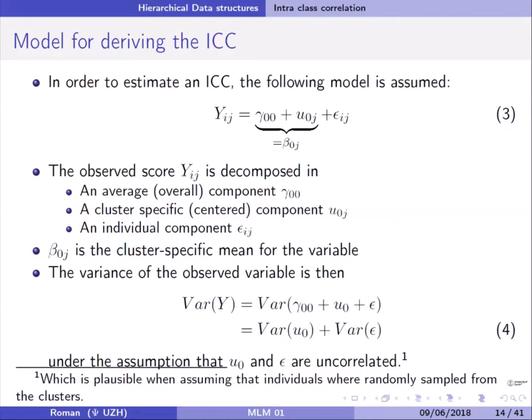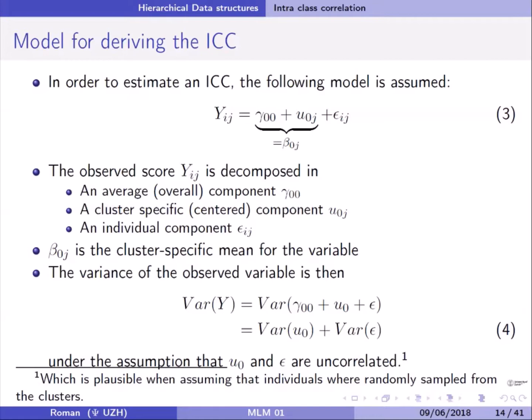So let's take a look at the very first multi-level model we'll discuss in this class. In order to estimate an intra-class correlation, or ICC, we assume the following model. The observed score, Y_ij, we could call this math, and remember i j, so an individual nested within a group, is decomposed into multiple components. An average overall component, this is gamma 0,0. This will be the average of Y_ij. A cluster-specific centered component, U_0j, so this will be cluster-specific means.